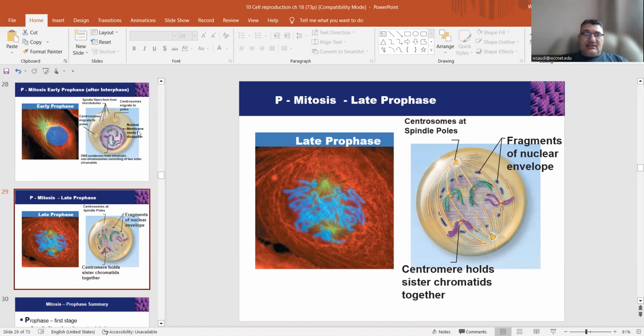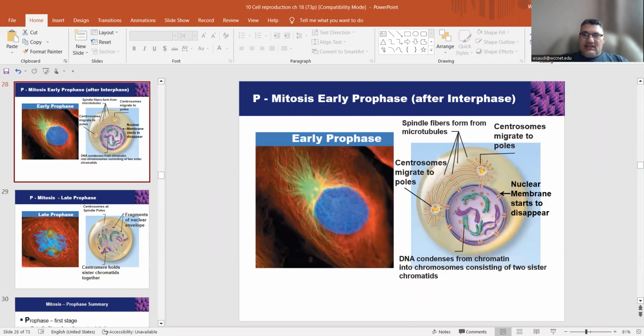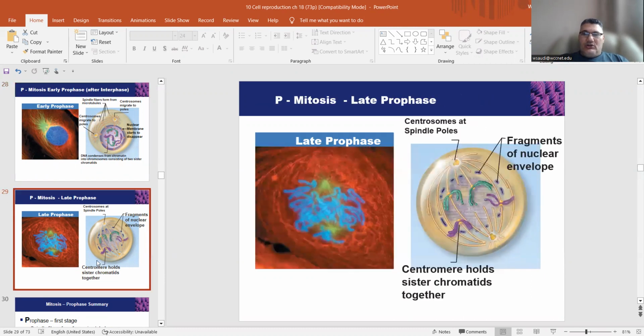And the spindles that we talked about will start to attach to the chromosomes in the center here.